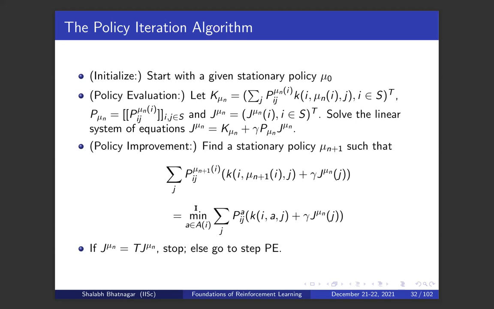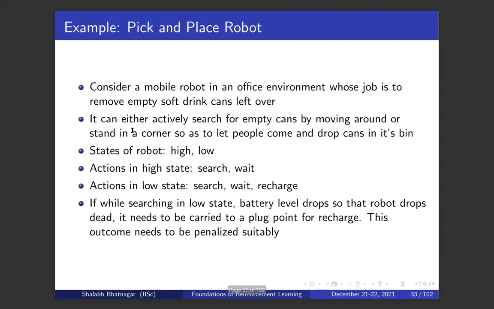And then, once you have done policy improvement, go back into this loop to do policy evaluation, then come out, do an improvement one more time and go back and repeat this process. And ultimately, we know it will converge to the optimal policy. And corresponding to the optimal policy, we'll have the optimal cost to go.